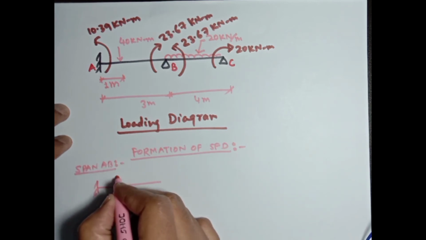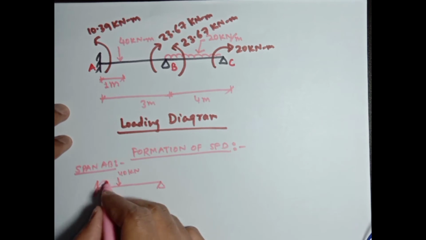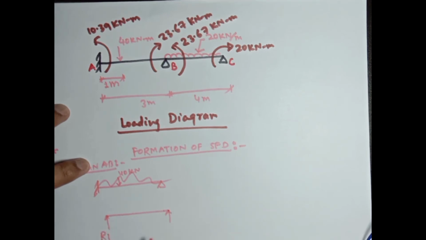There is a load of 40 kilonewton. You can draw it here. There is a reaction R1 here, and there is reaction R2 here. We have calculated moments here. This moment is 10.39 kilonewton meter.